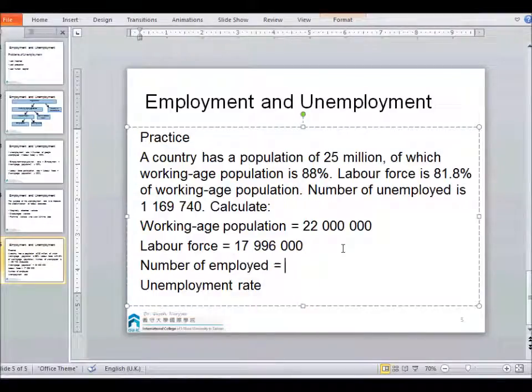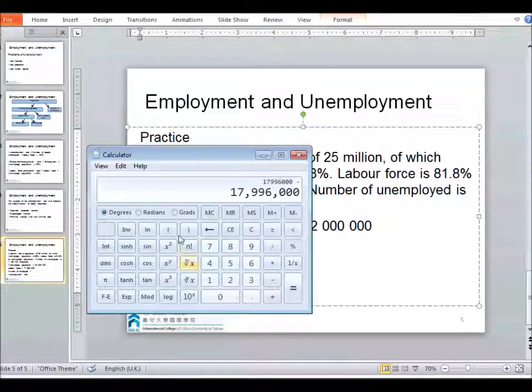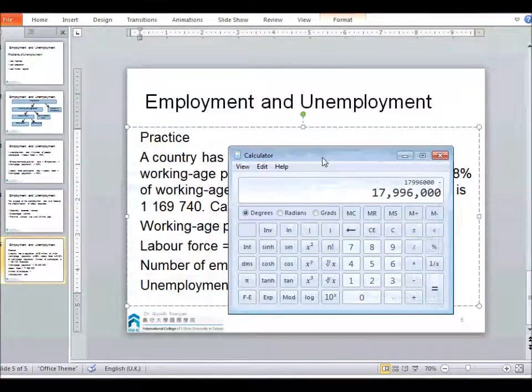Number of people employed is the difference between this 17,996,000 and the number of people who are unemployed, minus 1,169,740, so 16,826,260.